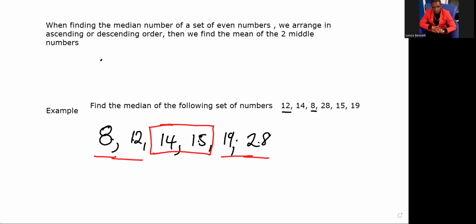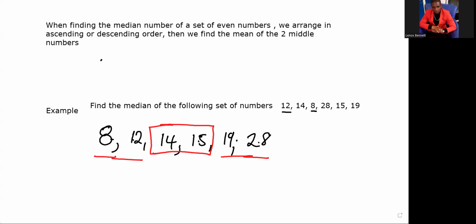Go ahead, Ariana. Sir, you add the 14 and the 15 together. All right, that's it. No, sir. When you add the 14 and 15, you get 29, and then you divide it by 2.